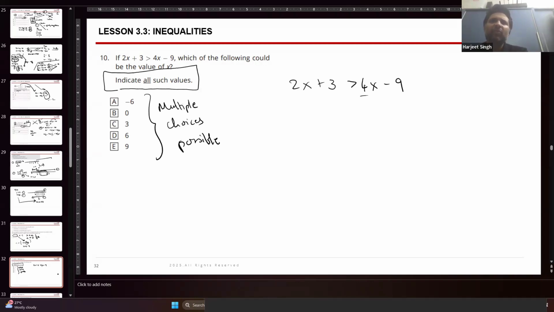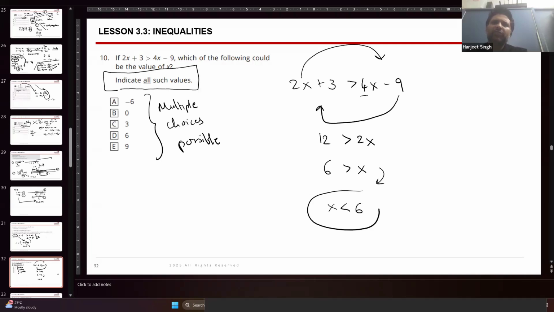Coefficient here is more, so I bring 2x on the other side and I bring minus 9 on the other side. So it becomes 3 plus 9, 12, greater than 2x. I can divide by 2, so 6 greater than x. And I can also write this as x less than 6.